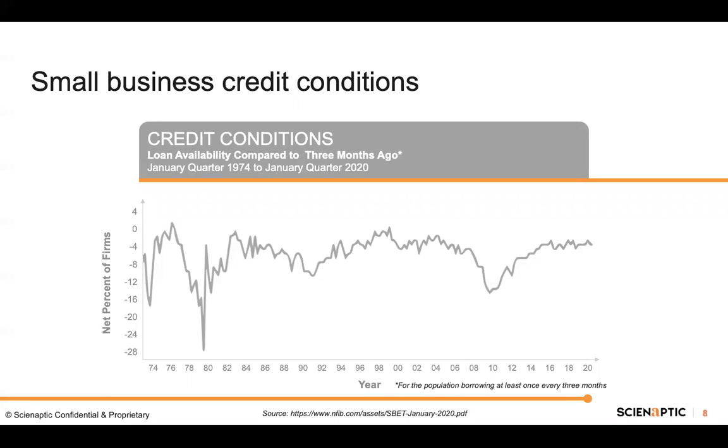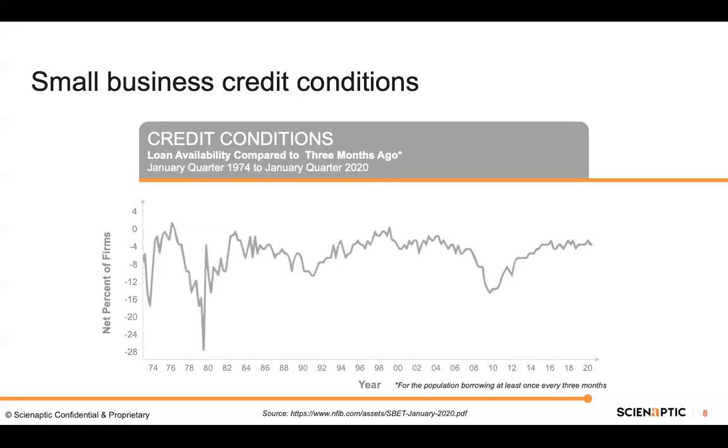And you would notice that in general, again, coming out of the Great Depression, the net percent of firms who believe that the credit conditions have improved continues to improve overall. So it's only about 3% of the firms who have negative sentiments about the credit availability broadly. But these are general trends.